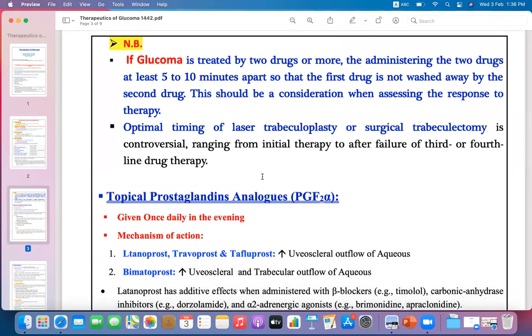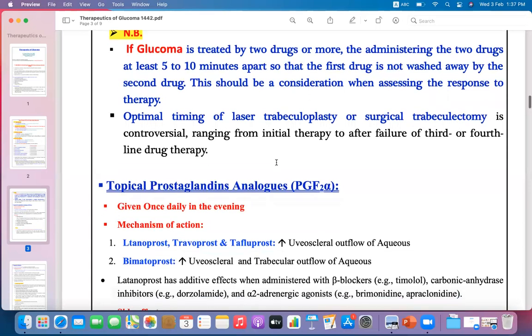And there is also one note: optimal timing of laser trabeculoplasty. It is a surgery for the trabecular meshwork, or surgical trabeculotomy is difficult if the time for the initial therapy and failure of the third and fourth drug line therapy is more.